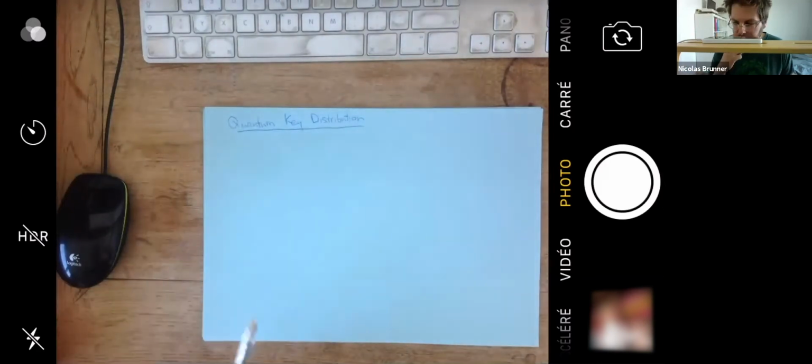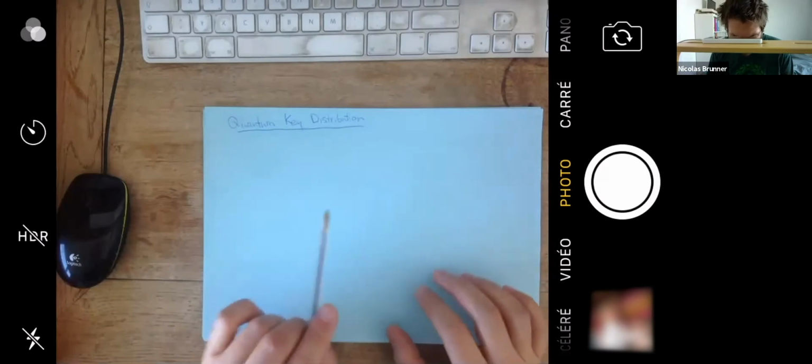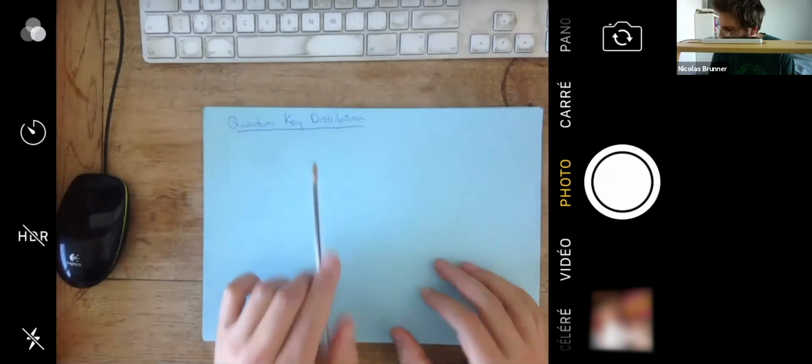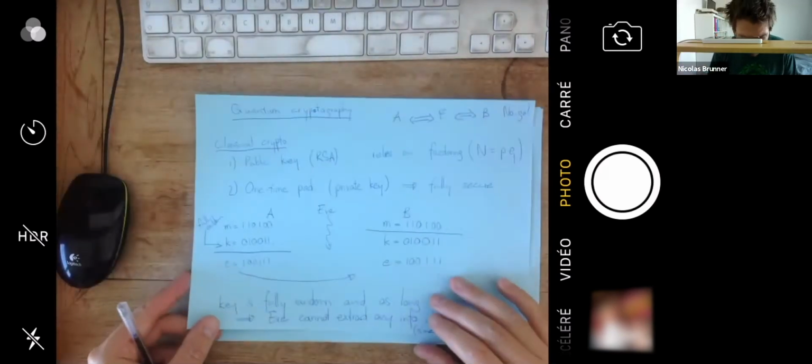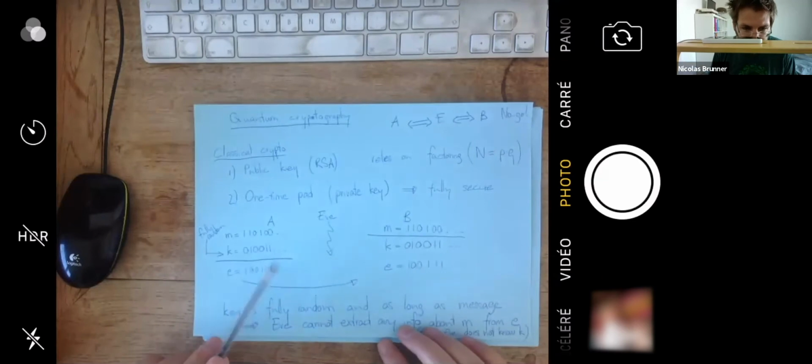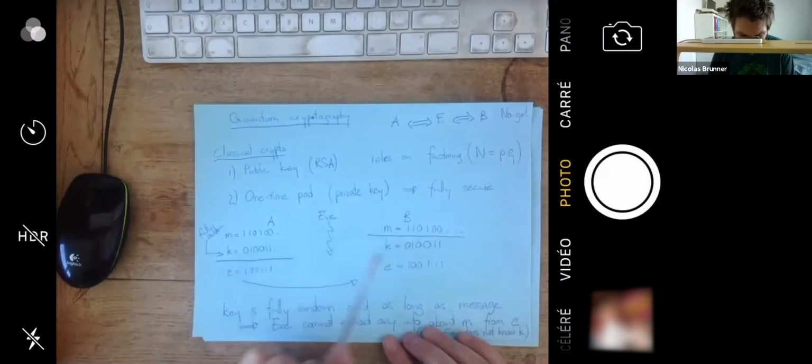All right, so let's go back to quantum key distribution. When we say quantum cryptography, this includes the one-time pad, which, as we discussed before, is a perfect solution if you can establish remotely a private key.